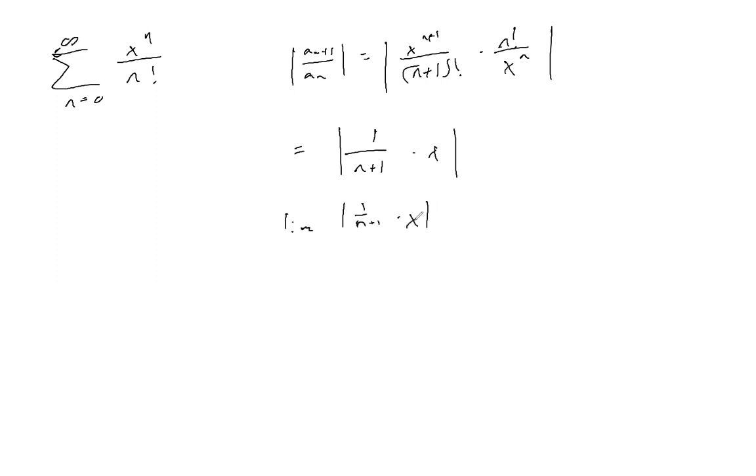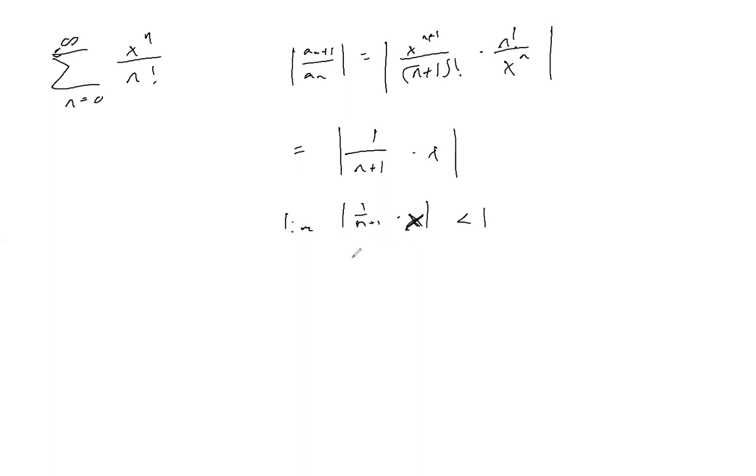Well, I'm going to treat x as a constant. And then what's the limit of 1 over n plus 1? It's 0. So for what x is this limit less than 1? Well, it turns out that no matter what x is, the limit is less than 1.